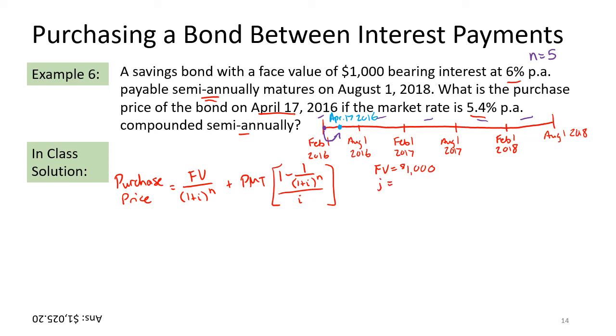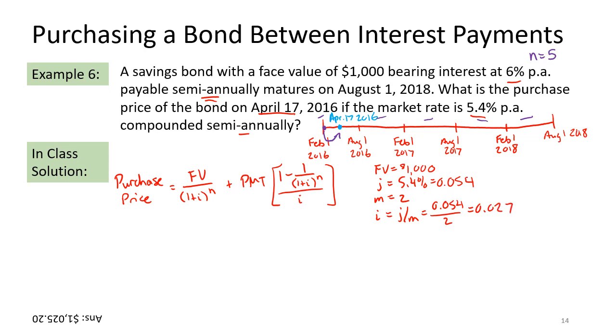Our interest rate, J, is 5.4%, which is equal to 0.054. Interest is compounded semi-annually, so M is 2. So our periodic rate of interest, I, is J divided by M, or 0.054 divided by 2, which gives us 0.027.